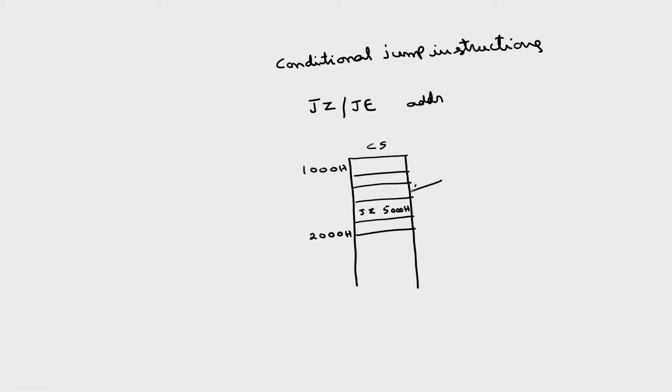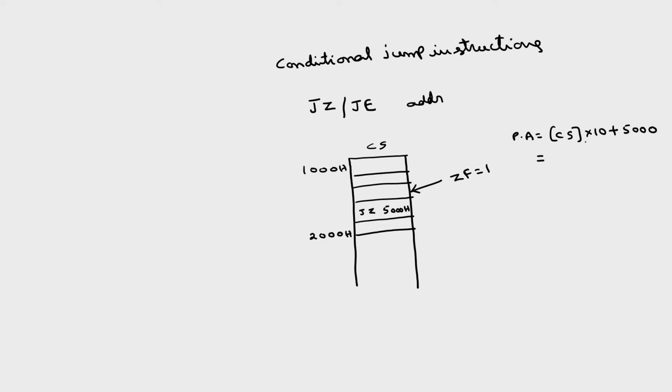If the zero flag is set by the instruction above, after this jump instruction the microprocessor control will go to the physical address, which can be calculated as code segment contents into 10 plus the address that is specified, 5000.